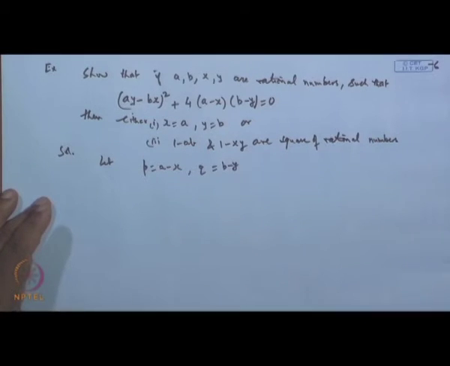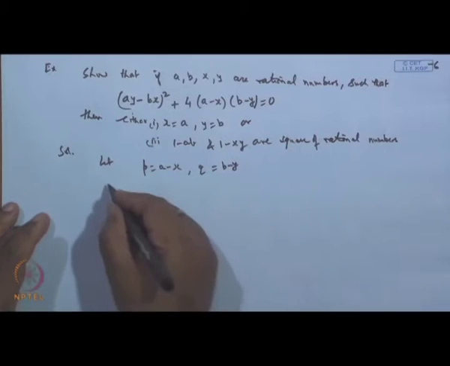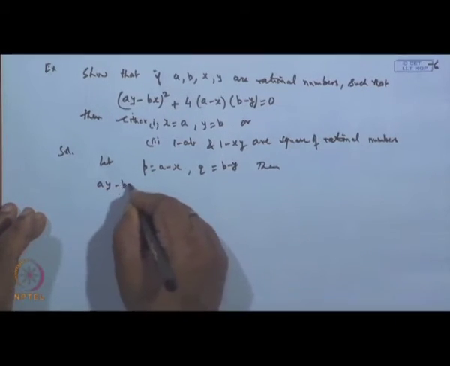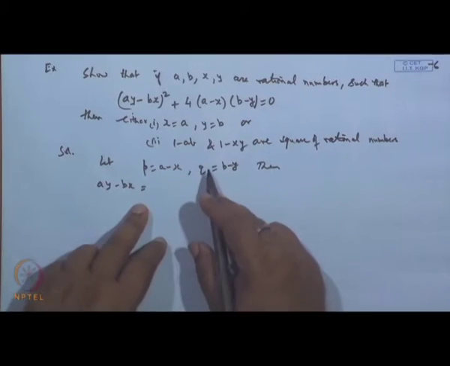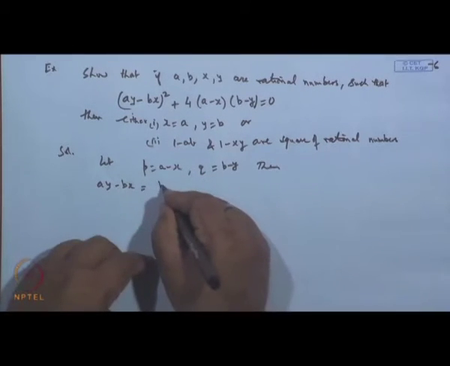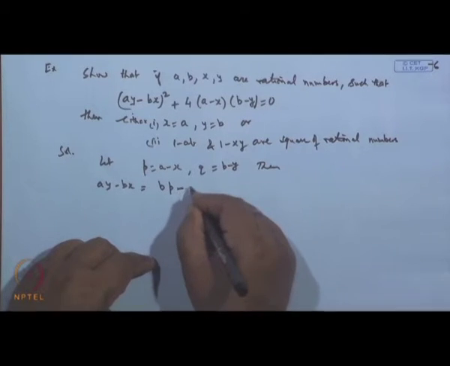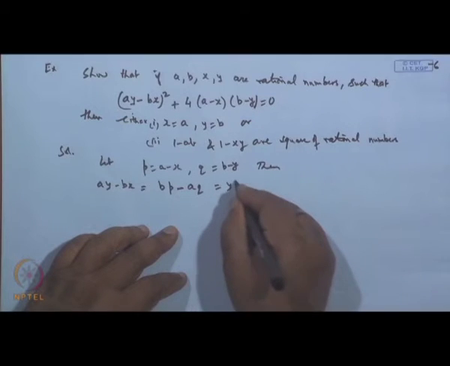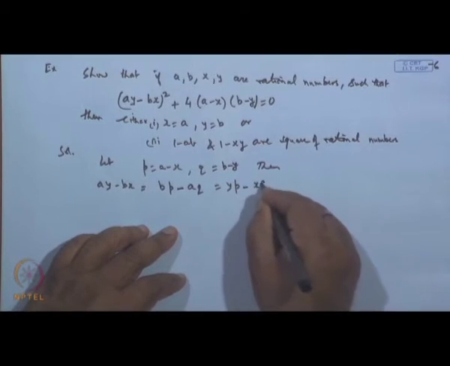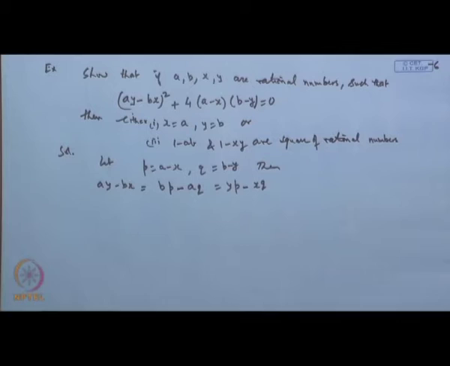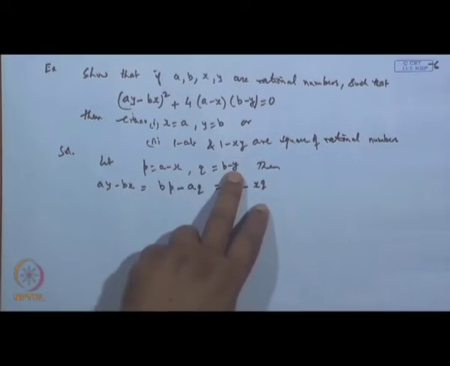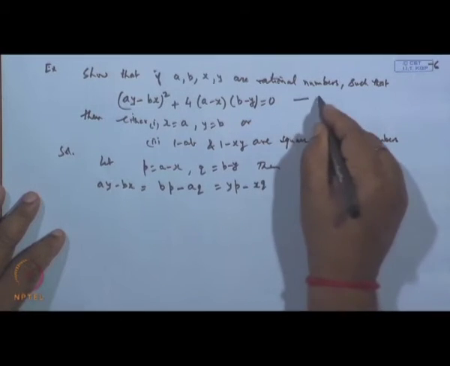Then if I solve this, ay minus bx, if I just substitute these values, we get the value to be bp minus aq, which is also the same as yp minus xq. Okay. Just if I take this p and q, this is our given relation 1.